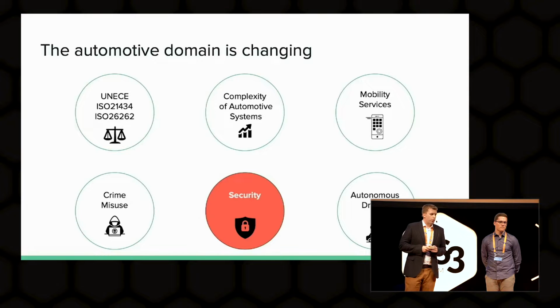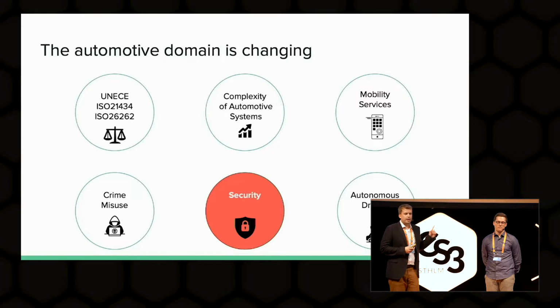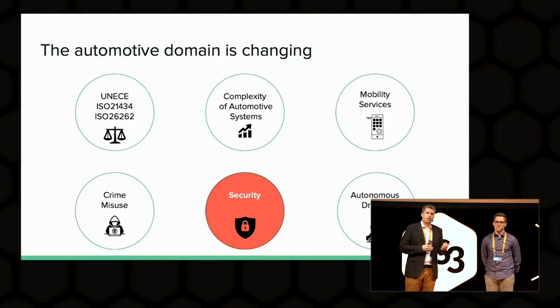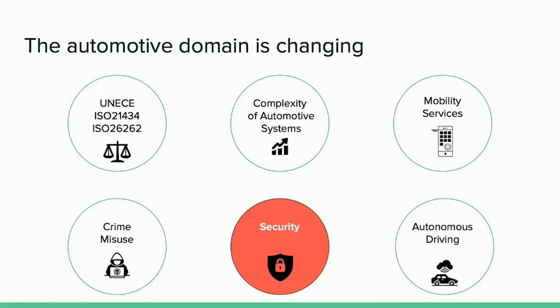So, how is the automotive domain changing? In the center of everything, with a focus on security, I'm pretty sure most of you have heard of autonomous driving. That's a trend over the last couple of years. Cars are getting equipped with more and more sensors like radar, LiDAR, ultrasonic, and cameras.